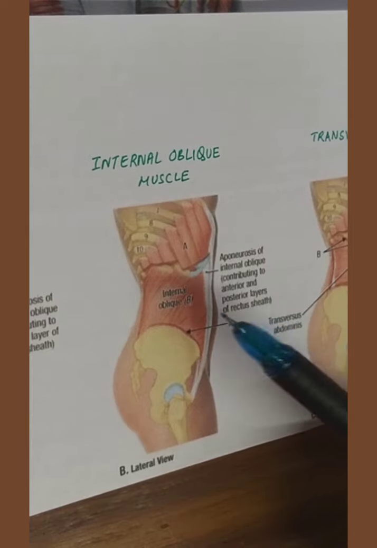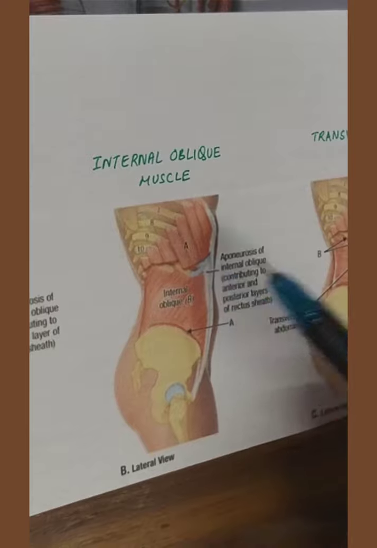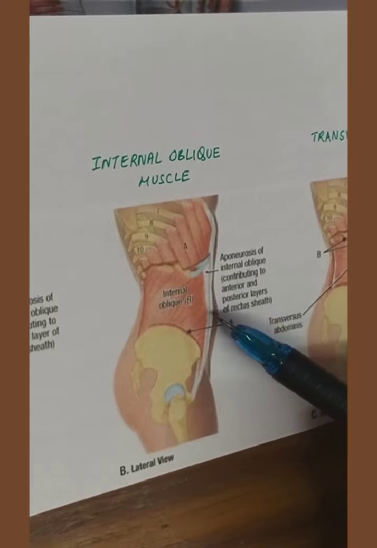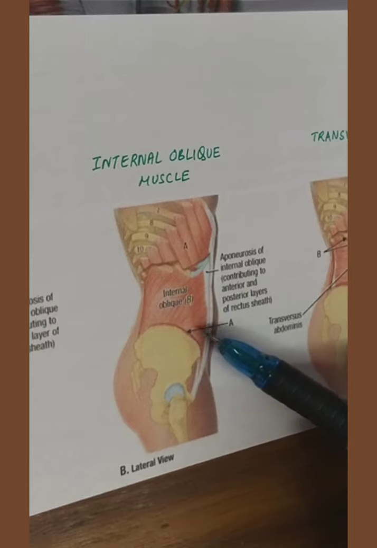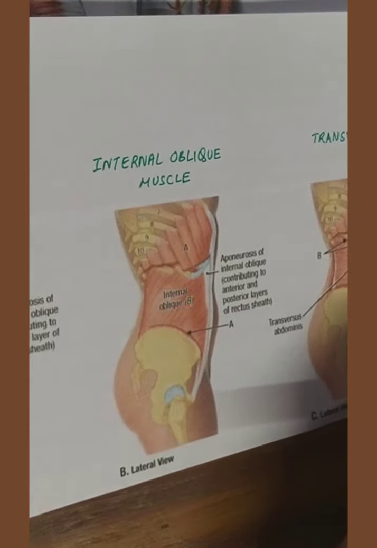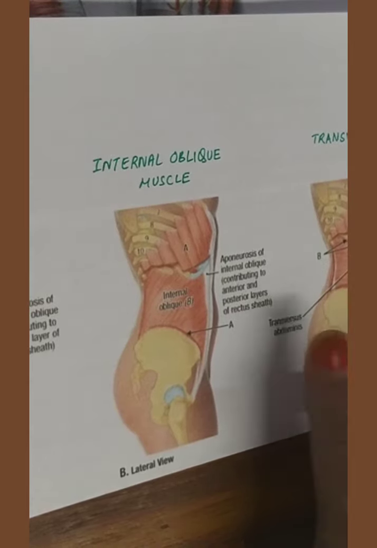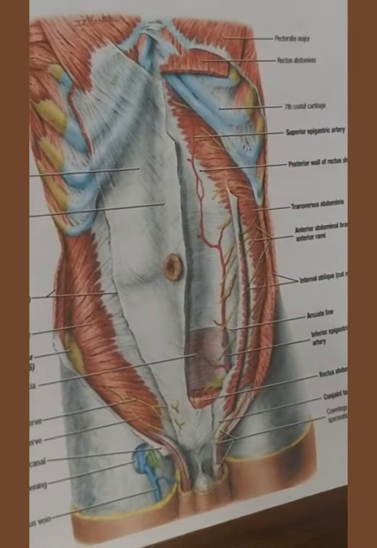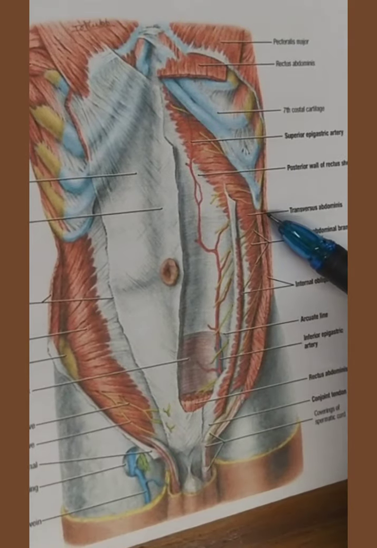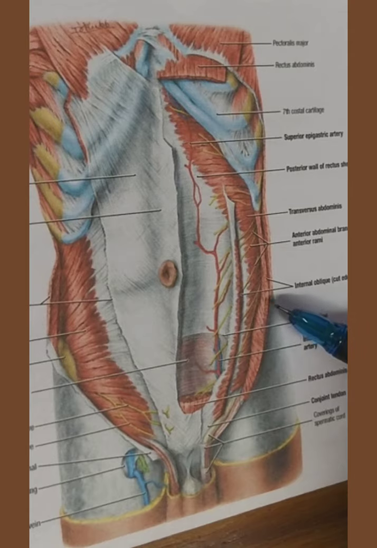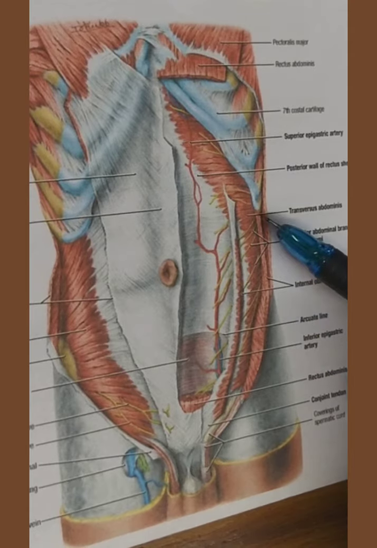the direction of the fibers of the external oblique, and in the middle they end as the aponeurosis at the lateral border of the rectus abdominis muscle. If we see it here, this is the cut end of the fleshy fibers of the internal oblique muscle.